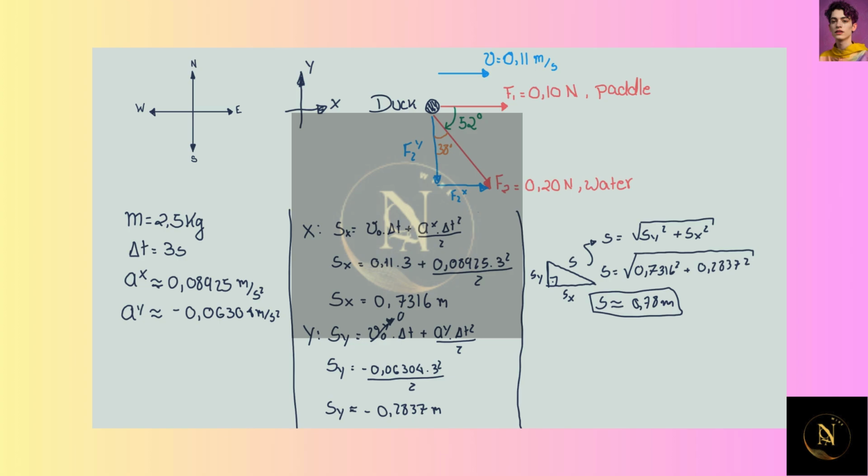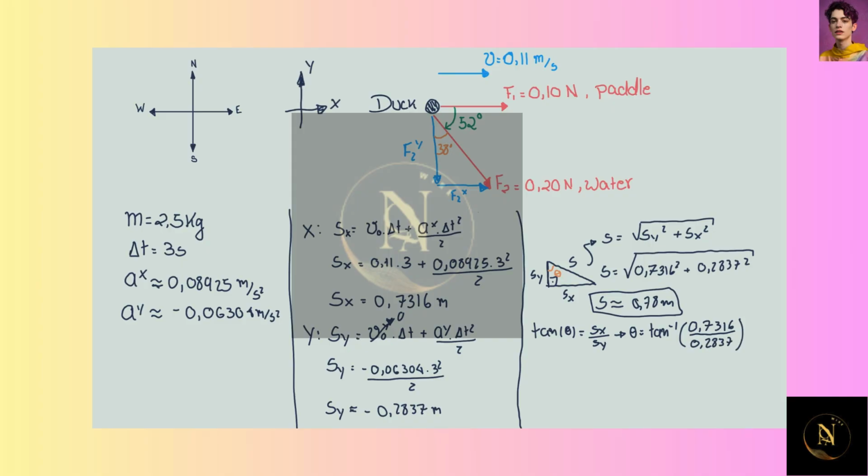And then for the direction of the displacement, we can do the following. Let us say that this angle is theta. Then the tangent of theta is given by the opposite side divided by the adjacent side. Therefore, theta is the inverse tangent of 0.7316 divided by 0.2837.